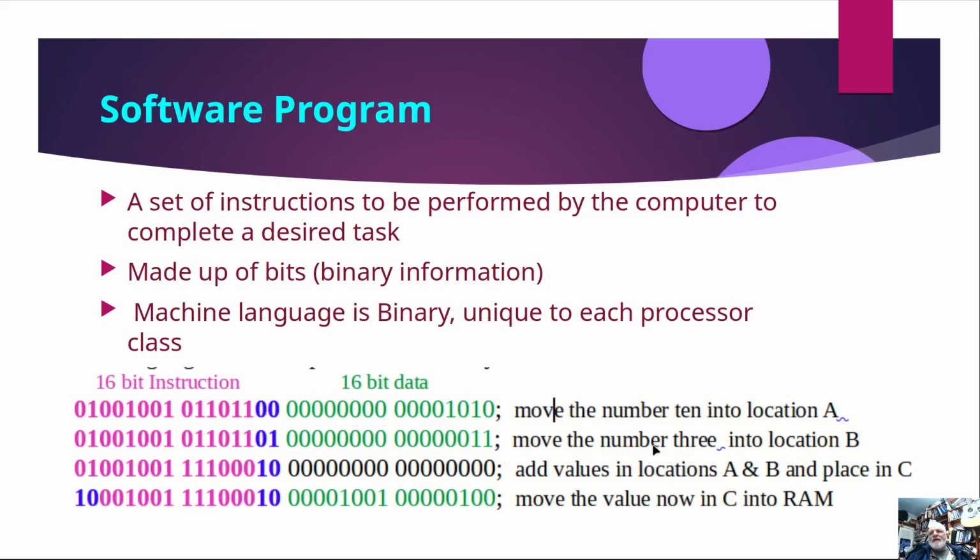Then I'm going to move the number 3 into the second register, and then tell the processor to add those two together. Then I'm going to move the result back out into my regular memory or RAM. So this is basically what it takes to add two numbers inside of a computer.